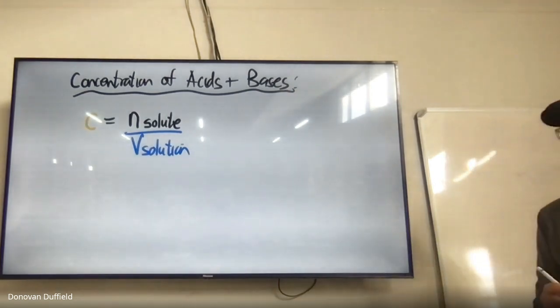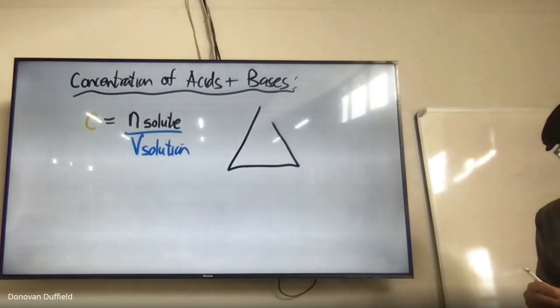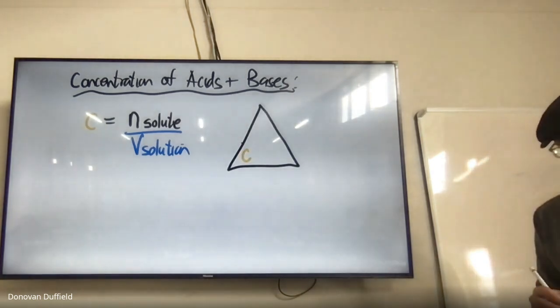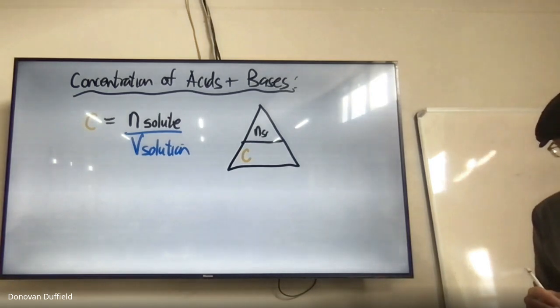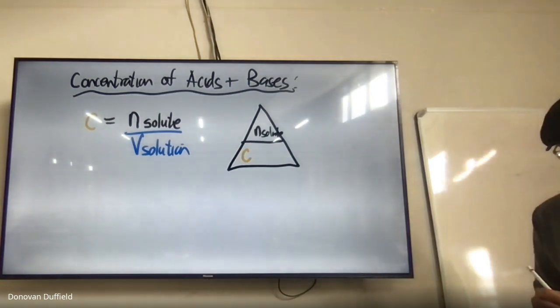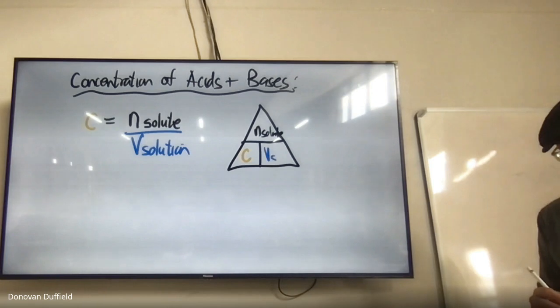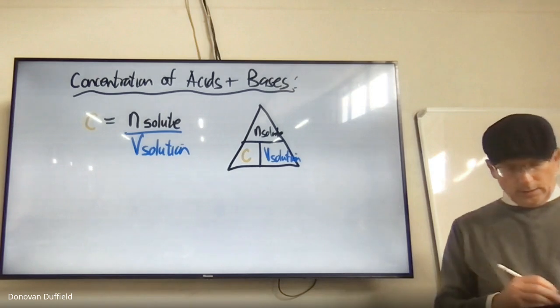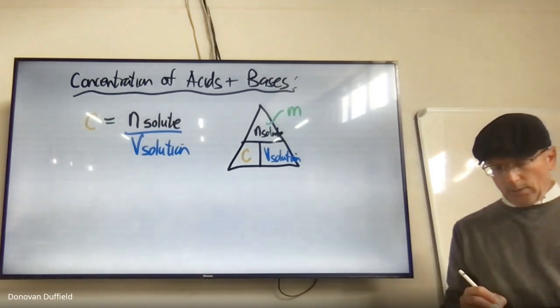Okay, so we have a formula triangle. Concentration is n solute over V solution. Now, n is measured in mole.